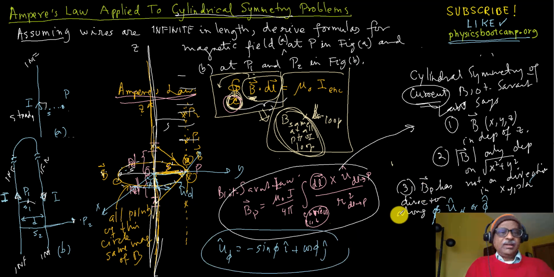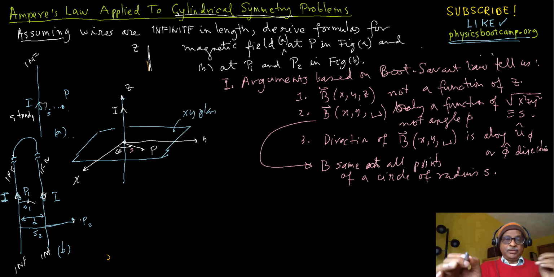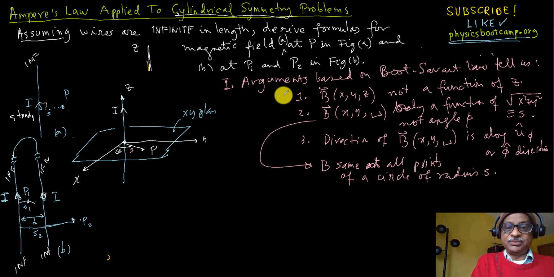Okay. Let me erase and summarize these things and how I'm going to use them for choosing Ampere's law. Okay, so I cleaned up and had this summary of what we found from applying Biot-Savart arguments, right? So we want to apply now.